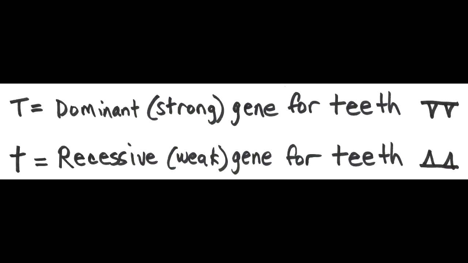So in our example, we're going to use an uppercase T to stand for the dominant, strong gene for the teeth that point downwards. And we're going to use a lowercase t for the recessive or weak gene for the teeth that point upward.